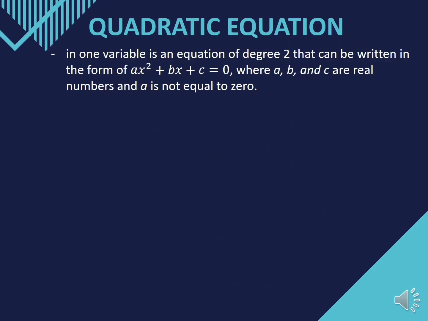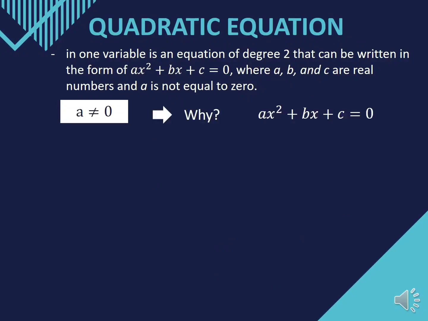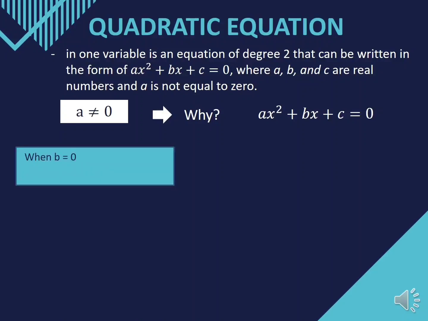In our given definition of the quadratic equation, it states that a should not be equal to 0. Why? Okay, so let us have this standard form, ax squared plus bx plus c is equal to 0. Let us remember that when the real number b is equal to 0, in our standard form ax squared plus bx plus c is equal to 0, our linear term, yung b natin, ay magiging 0.